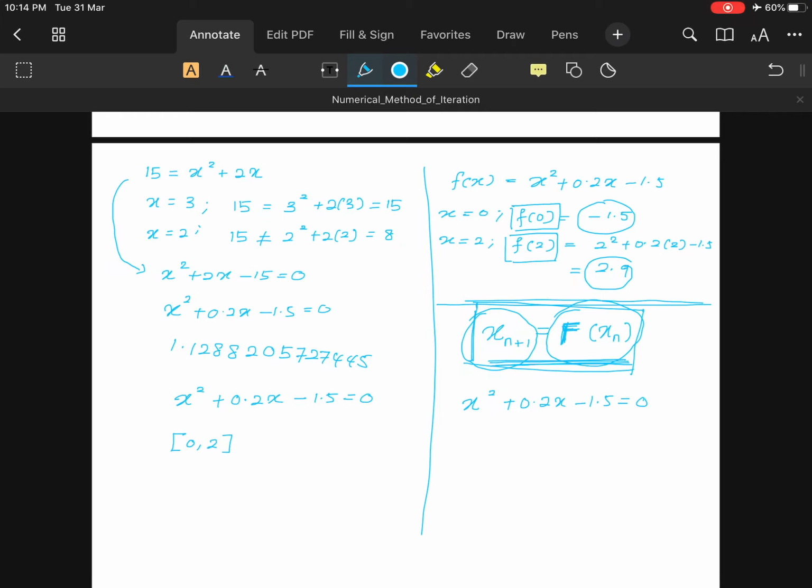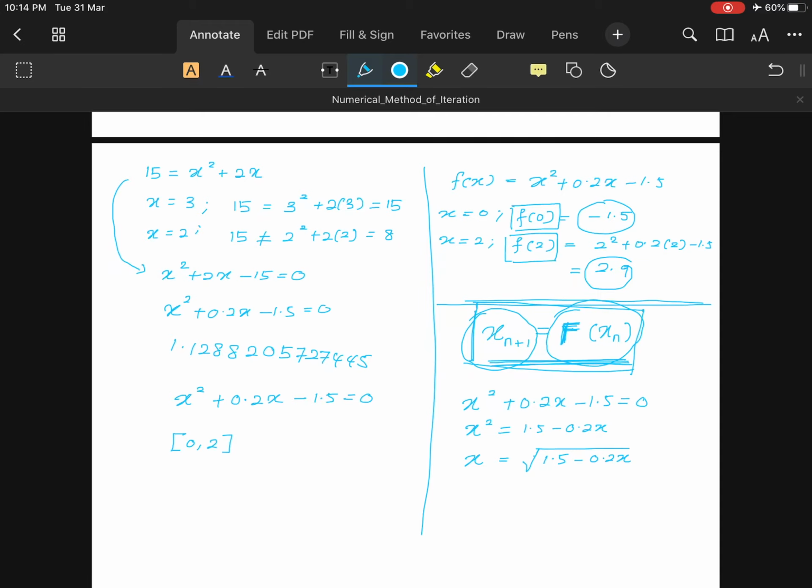One way we can do this is to bring this to x squared equals 1.5 minus 0.2x. Then for x, we take the square root: x equals the square root of 1.5 minus 0.2x.